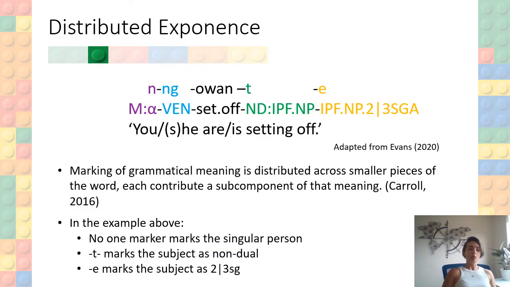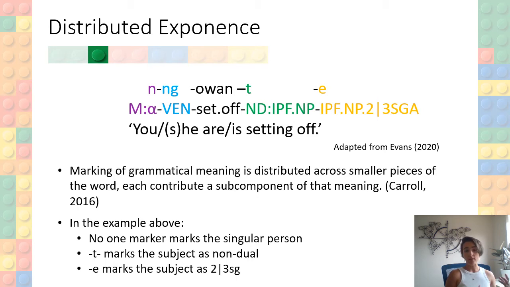We can't really talk about NEN verbal morphology without mentioning distributed exponents. Distributed exponents is essentially a many-to-one mapping of form to meaning. So grammatical meaning is distributed across smaller pieces of the word. In the example we have here, no one marker marks the actor or the subject as a singular person.